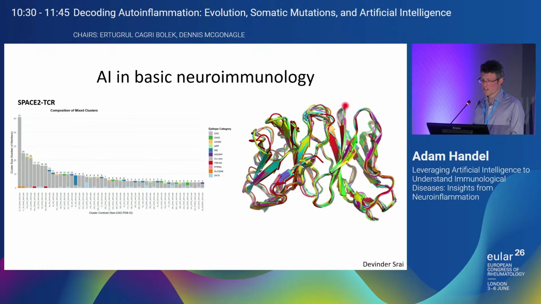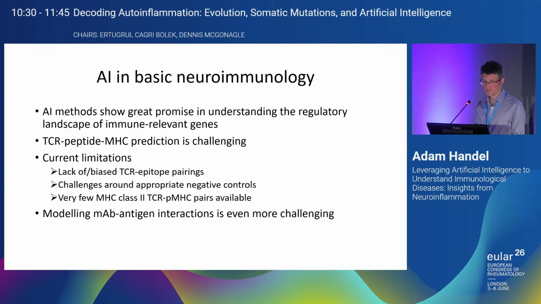And so this shows one of the literature known GAD TCRs laid over one of the known, or a cluster of our CSF ones. We haven't expressed this yet, but obviously this is one way that you can prioritize TCR targets for functional work.